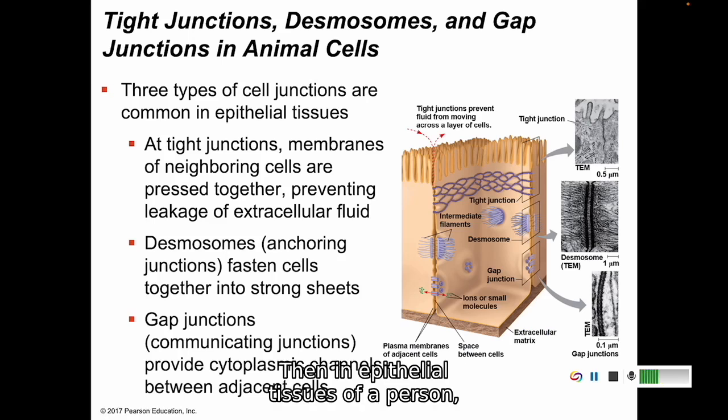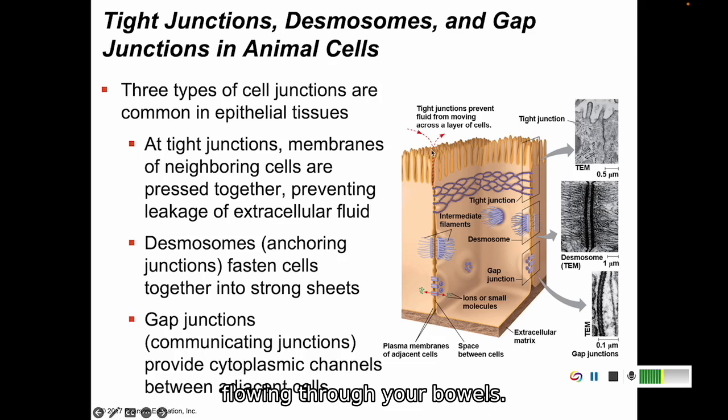Then in epithelial tissues of a person, you can see these three types of junctions. Tight junctions, so this is a tight junction here. These are important for pressing membranes together to prevent the leakage of fluid. So if you imagine this is an epithelial tissue lining your intestines, you've got your intestinal fluid flowing through your bowels.